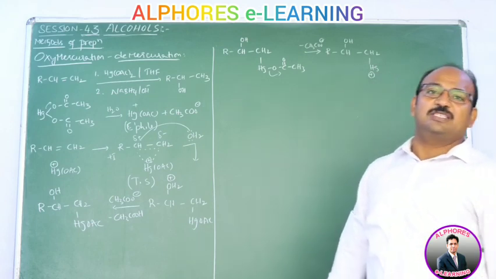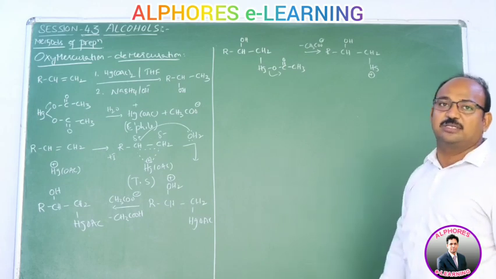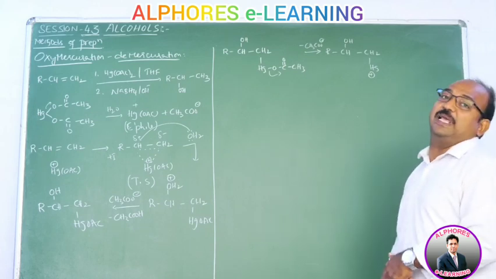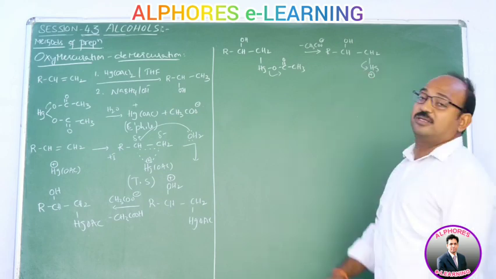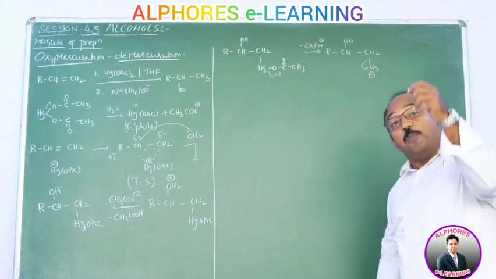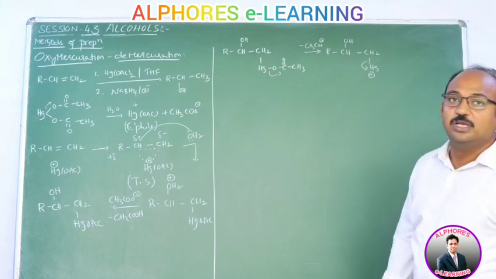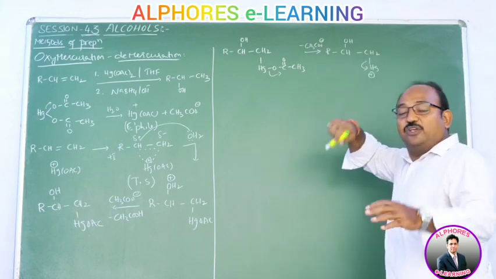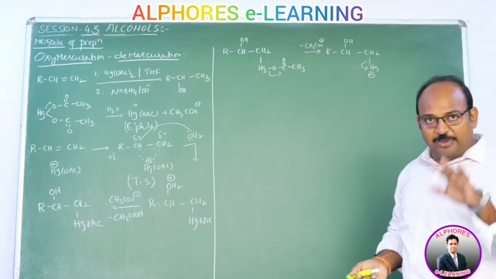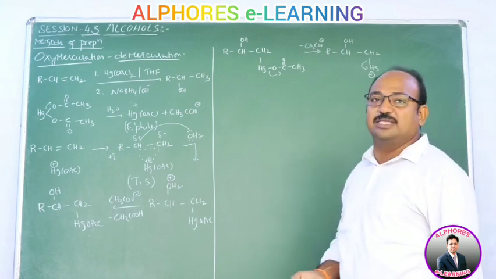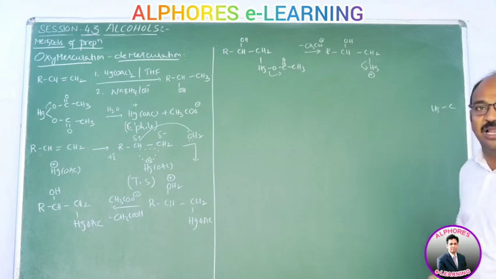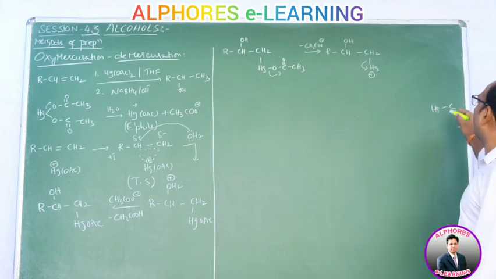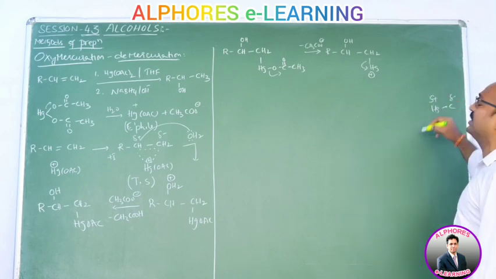Whenever Hg bears positive charge, compared to neutral mercury, Hg plus is more electronegative, so it has a tendency to pull the bonded pair of electrons with carbon. Generally, when a mercury to carbon bond is there, being mercury a metal and carbon a non-metal, carbon pulls electrons towards itself, so carbon acquires negative charge and mercury acquires positive charge.